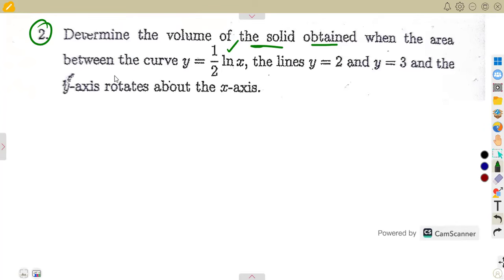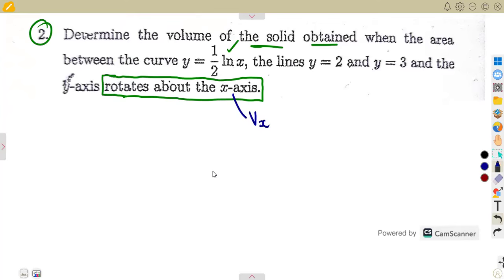So this one, we want to leave it for now. This is the question for volume, this one. When it rotates about the x-axis, it means you are calculating Vx, the volume about the x-axis. So that one is not for us. We will see it later on.